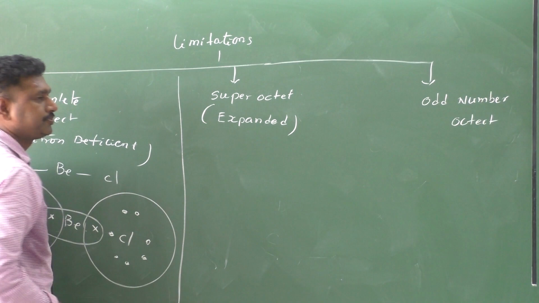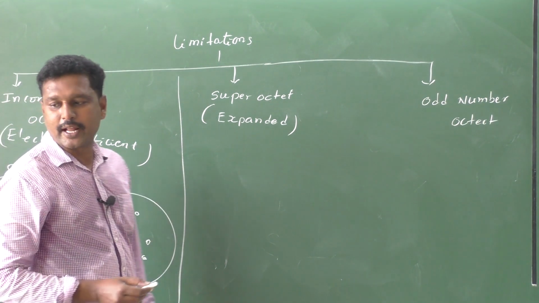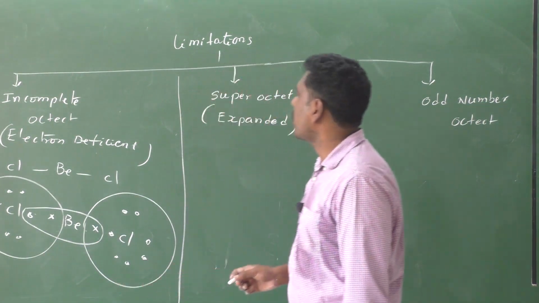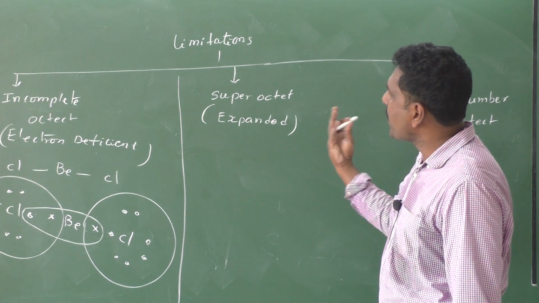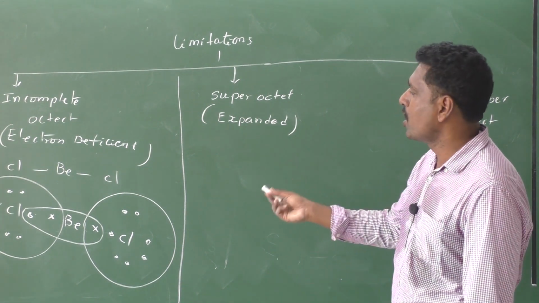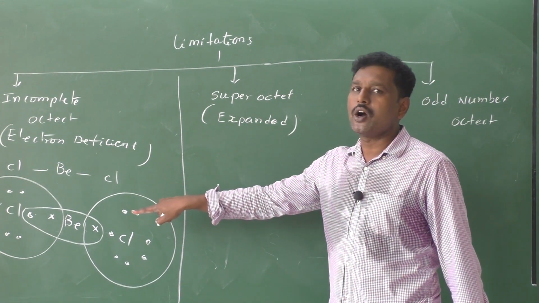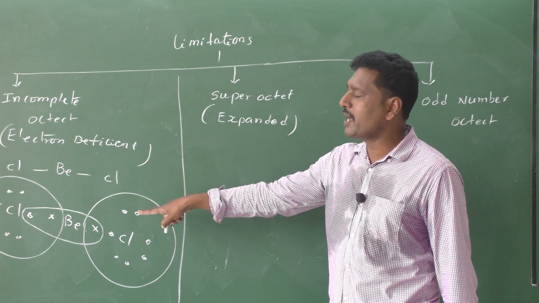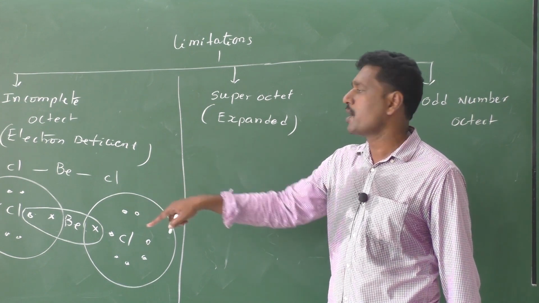Super octet means expanded octet. Beryllium has less than 8 electrons.